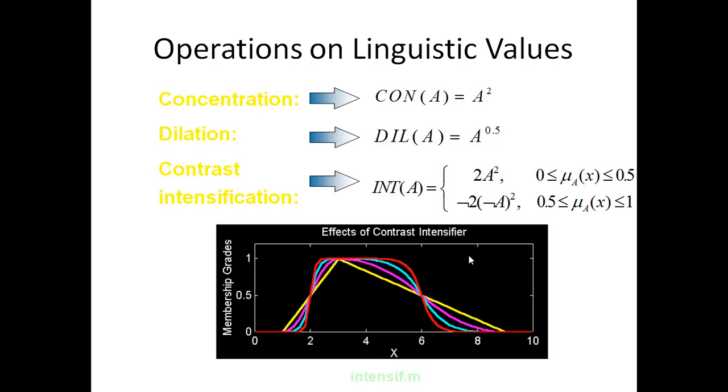So concentration of A means you will find A with power 2, A squared. Dilation means A to the power half. Intensification means int of A is 2A squared, and like this.